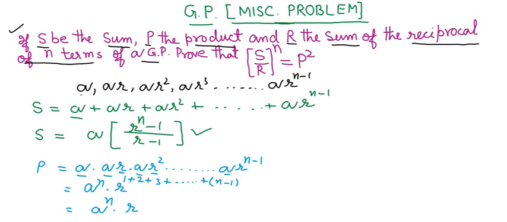So this is a raised to the power n into r raised to that power. Obviously, 1 plus 2 plus 3 plus and so on up to n minus 1 represents an AP.